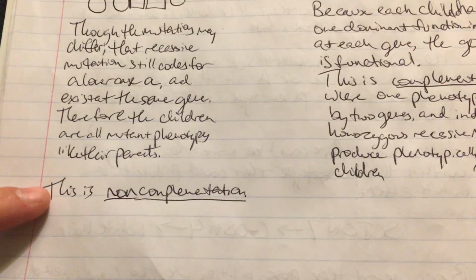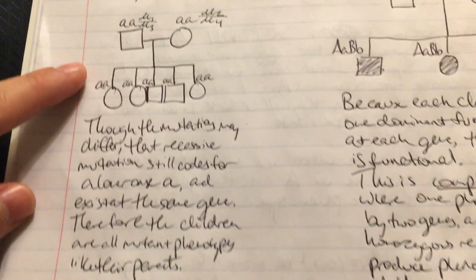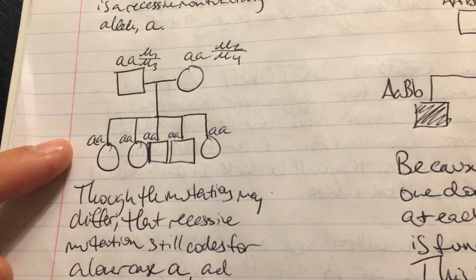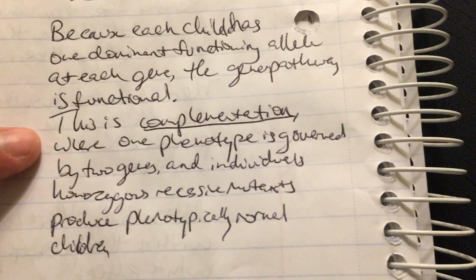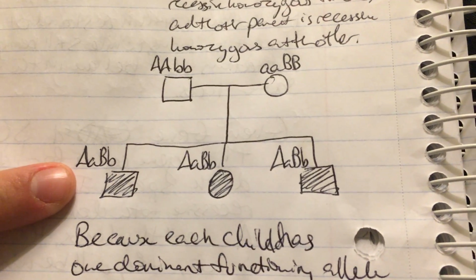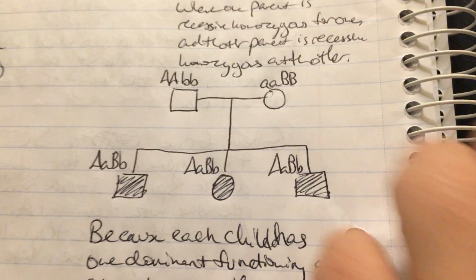As we saw back here, when non-complementation occurs and 2 mutations are for the same gene, the children are mutant. When complementation occurs and 2 mutations are at different genes, we see that the children are normal.